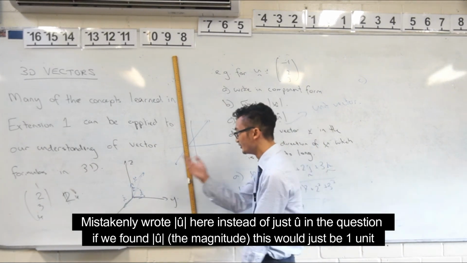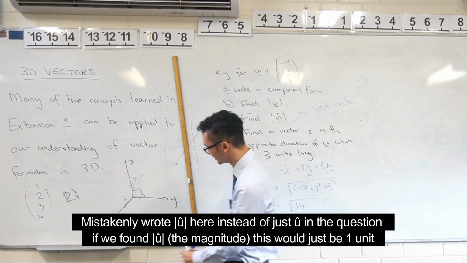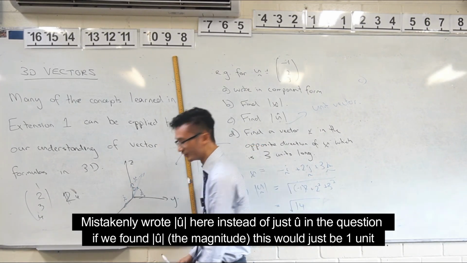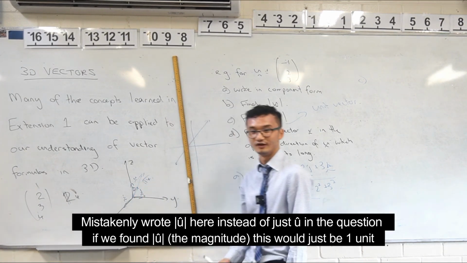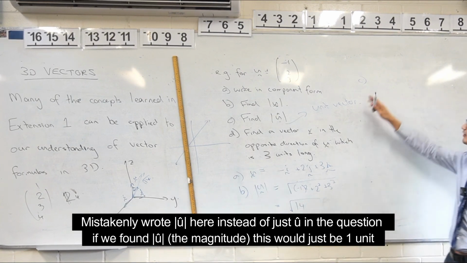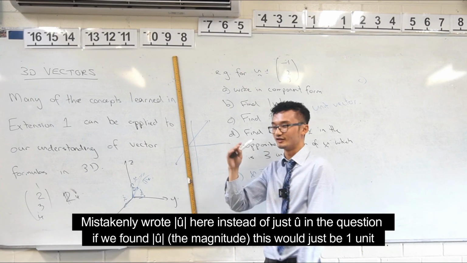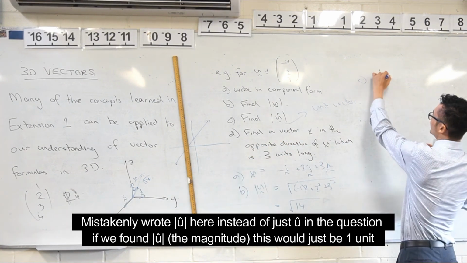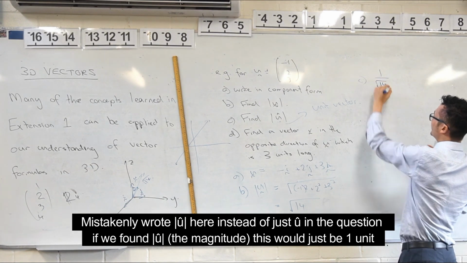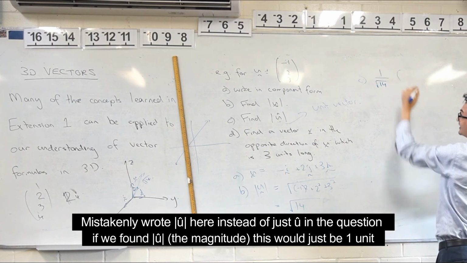But a unit vector is saying, I've got this vector and I want to shrink it down so that it's only 1 unit long. Right now it's root 14 units long, because we have the magnitude. Because we can use our Extension 1 ideas, that's just a scalar. So we can reduce it down by multiplying by the reciprocal of the magnitude, so that we actually create that unit vector.